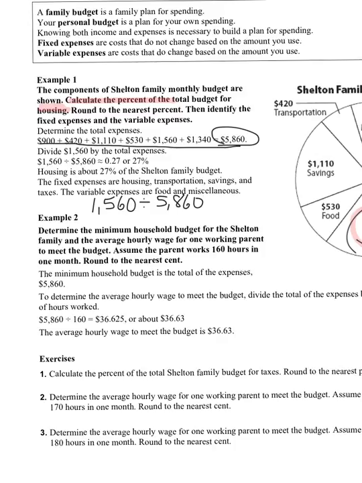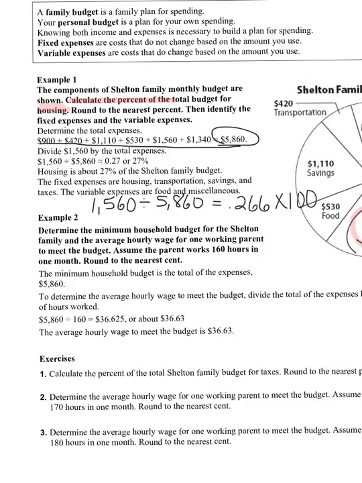And with your calculator, you're going to divide those two. 1,560 divided by 5,860. And I get 0.266. Okay, but when we want to change a decimal to a percent, you can multiply by 100.